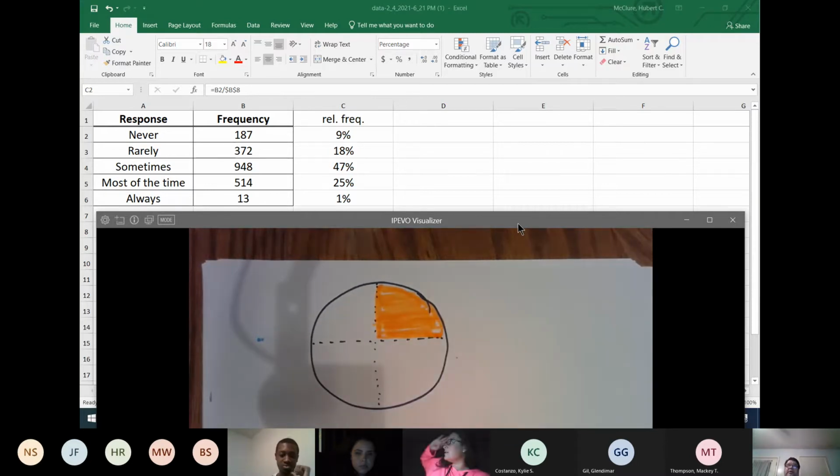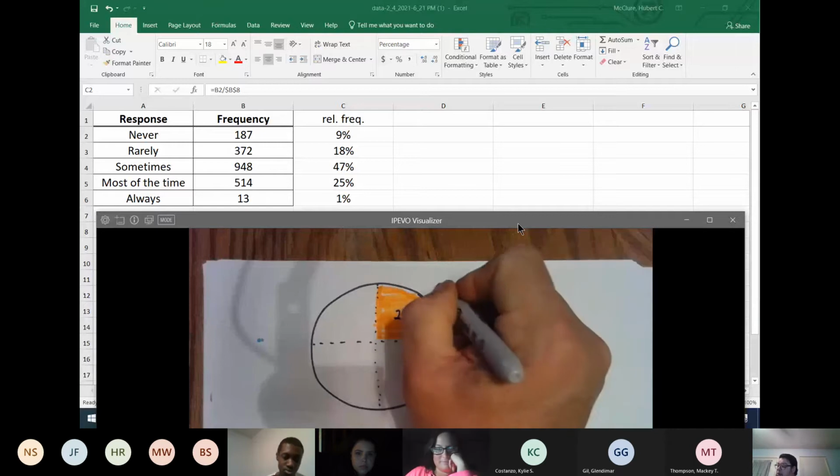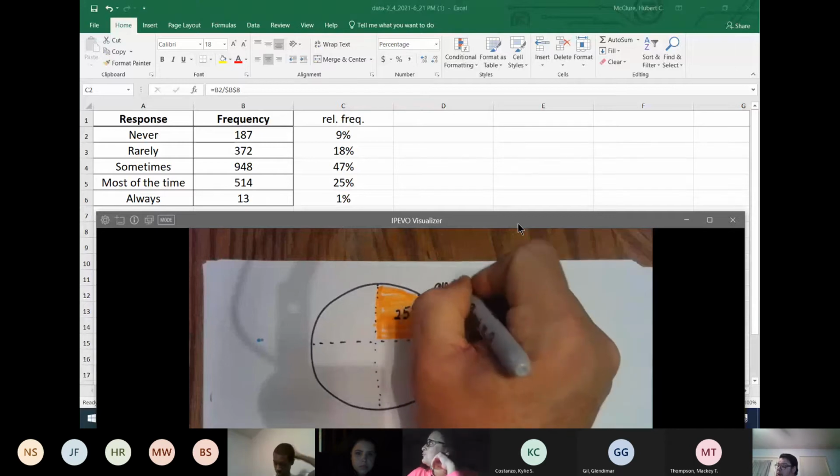If you take a pizza and cut it into 4 sections, each one has 2 names. One is 25%. What's the other name? Starts with a Q. Quarter. So I'm going to put right here 25% or a quarter.